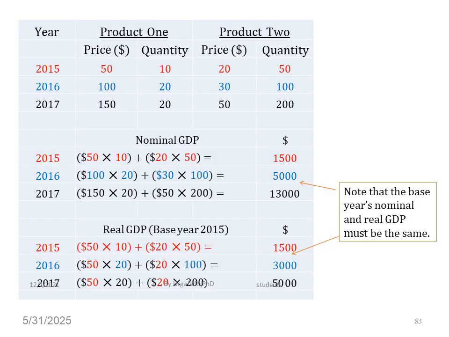The quantity is from 2016, but the price we take is from 2015, the base year. Then it becomes 3,000.